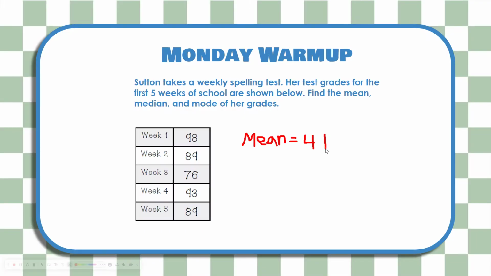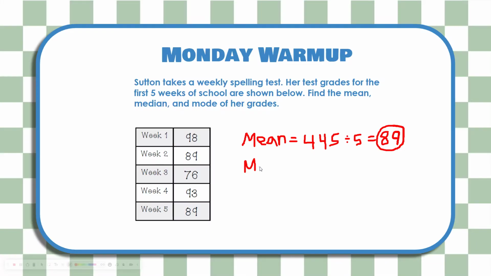I got 445. Then we divide by 5 because there are 5 numbers, and that gives me an average of 89. That checks out because if you look at the scores, some of them are lower than that, some of them are higher than that. It makes sense.